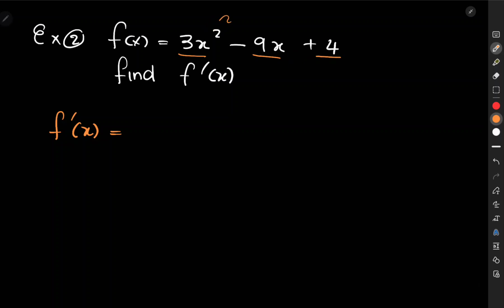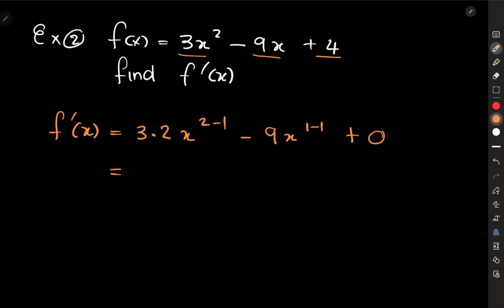So if we derive 3x squared, we have 3 multiplied by 2, which is the exponent, x to the power of 2 minus 1. And then here we have minus 9x to the power of 1 minus 1. And obviously if we derive 4, which is a constant, we're going to have 0.